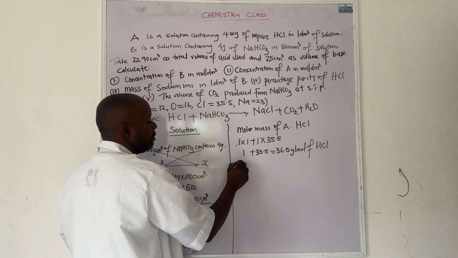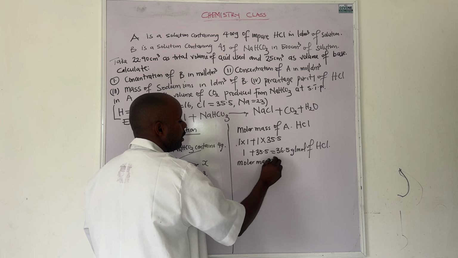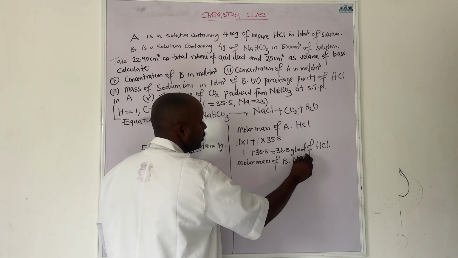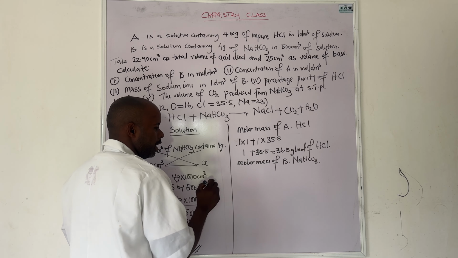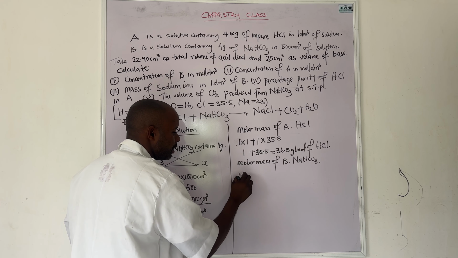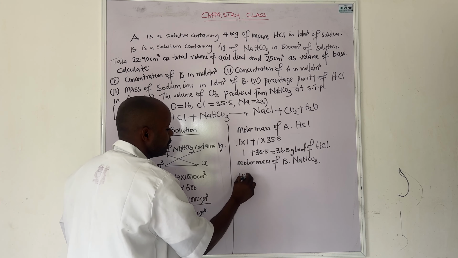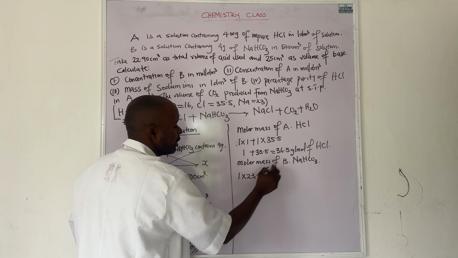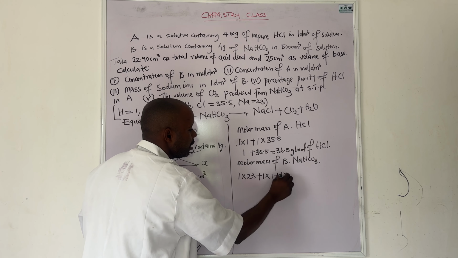So now we'll talk about the molar mass of B, which is sodium hydrogen trioxocarbonate. Here, sodium occurred how many times? Once. So the relative atomic mass of sodium is 23, plus hydrogen occurred how many times? 1 times 1, plus carbon occurred how many times? 1.